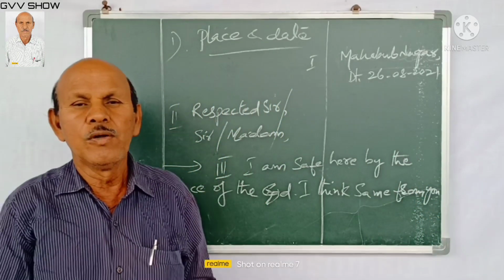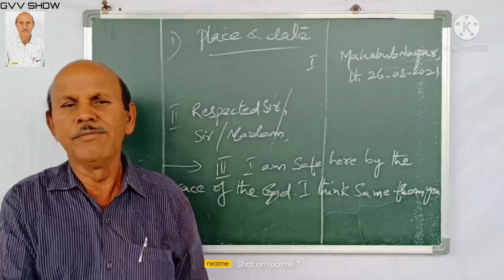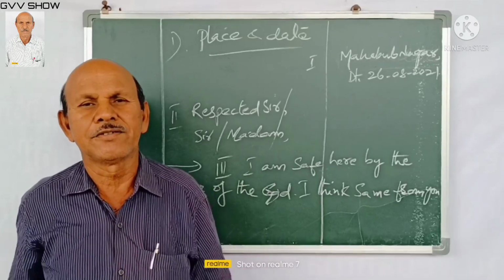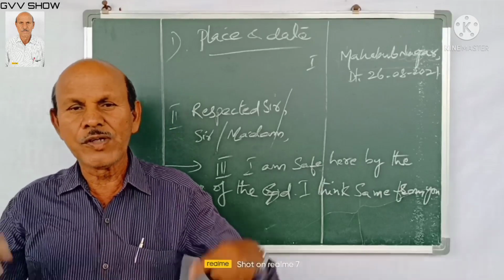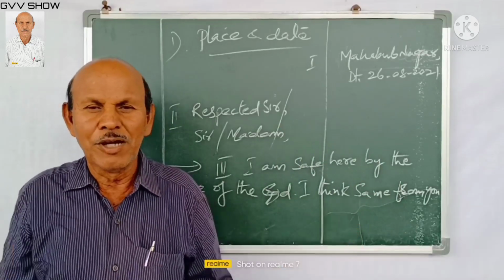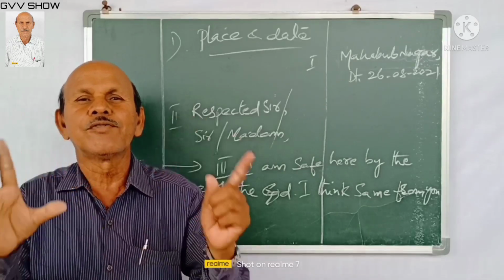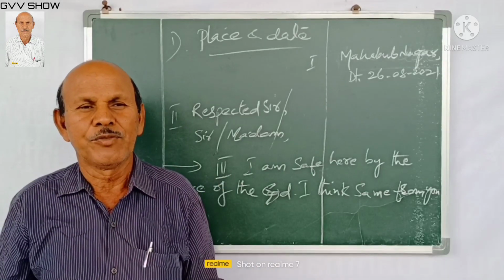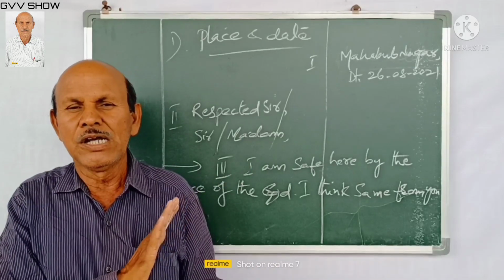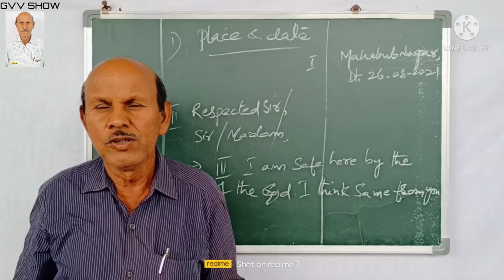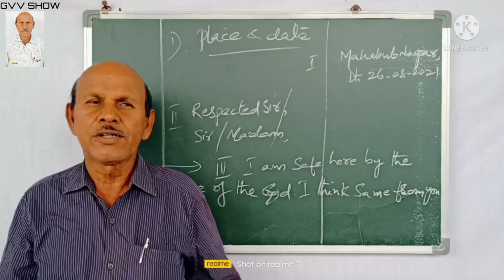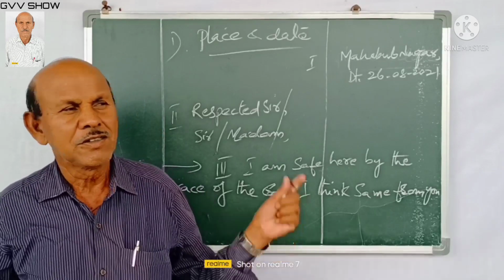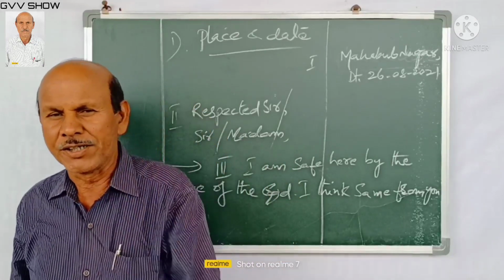There is no limit for the body of the letter. It may contain 5 lines or 50 lines, 50 pages also. If you have patience and time, you write 3 pages, 4 pages. So this is the body of the letter.